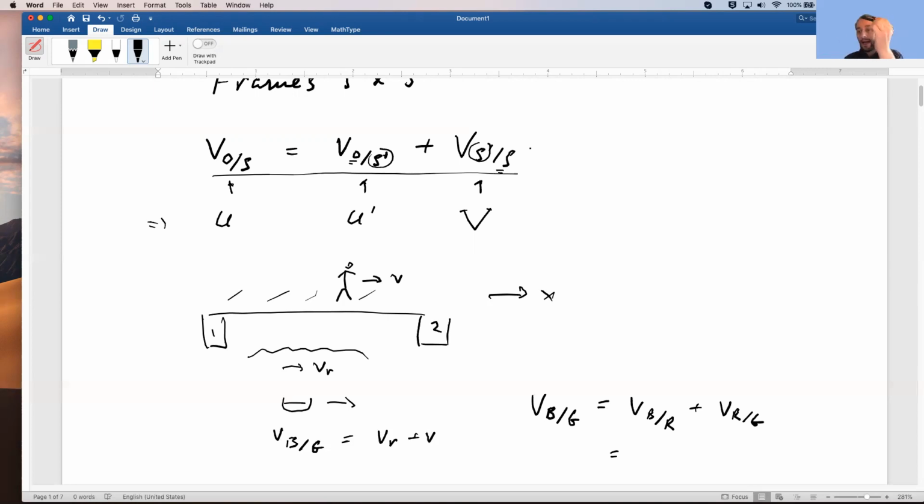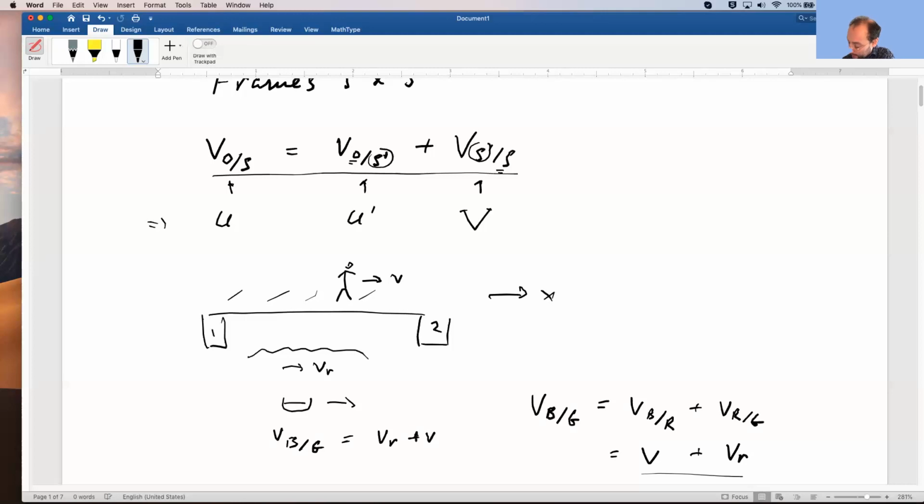On the way from pier 1 to pier 2, the boater is going in the positive x direction, even relative to the river. So this is just v, and this is vr, again positive because the river is flowing in the positive x direction. So that's the velocity of the boater relative to the ground.